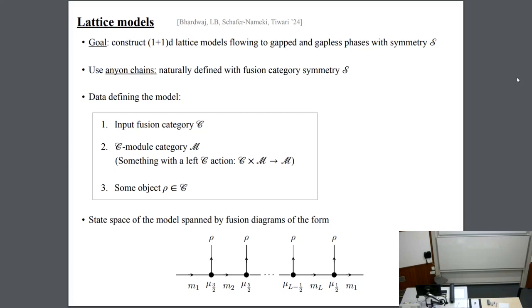And then basically this is the state space of the lattice model. It is spanned by diagrams of this form, where the horizontal edge is an element in the module category M, and then I can end on it elements in C using this product. So the state space of the model is spanned by these diagrams here.